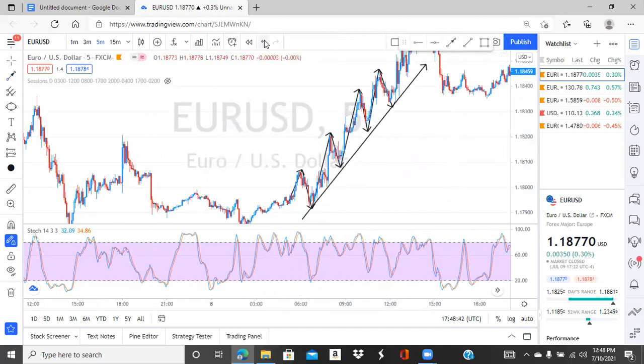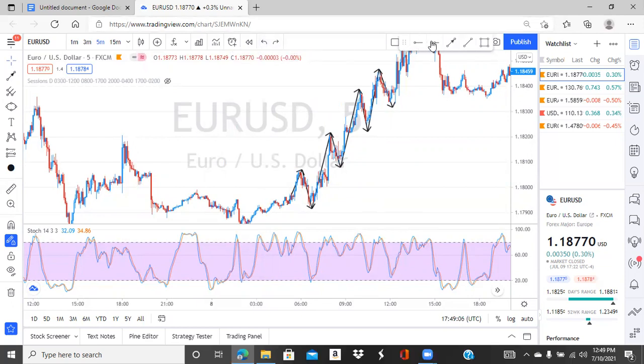All right, now let me show y'all a trick real quick. This is how we get our buys and our sells. The market's trend moves based off of support and or resistance, okay? So if we're in an uptrend, we're moving based off of support. If we're in a downtrend, we're moving based off resistance.